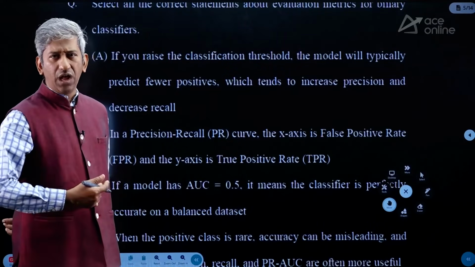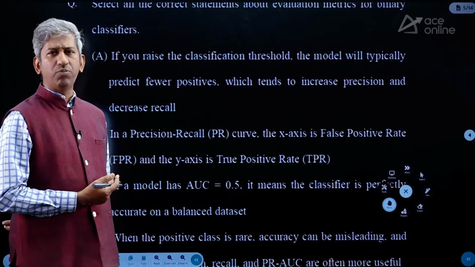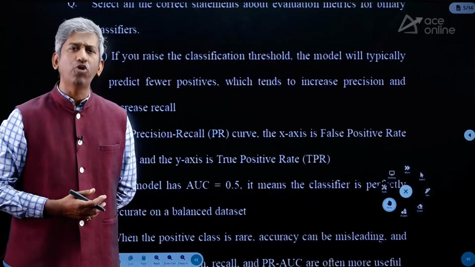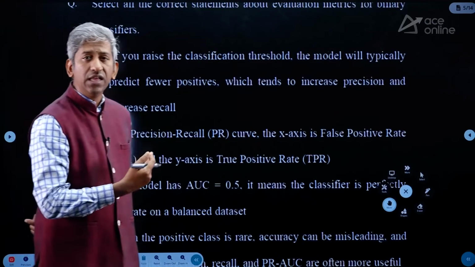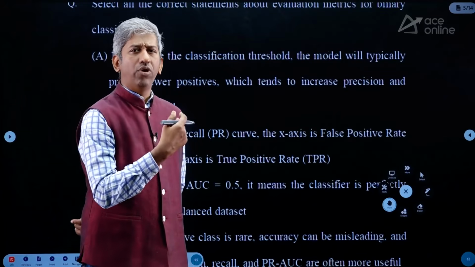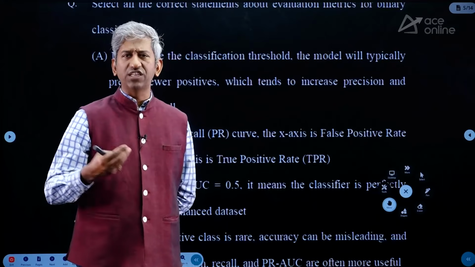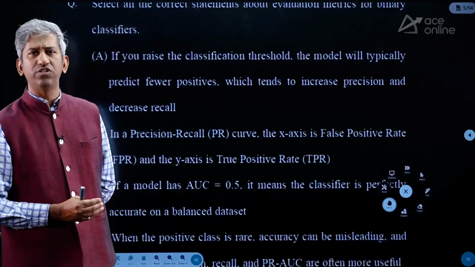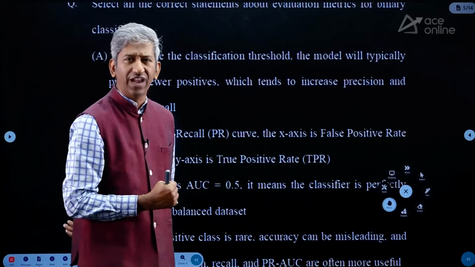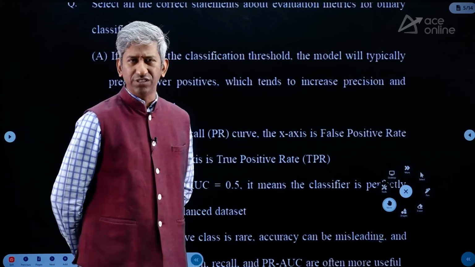Let us say the default value is 0.5 and I am increasing it to 0.8. Then the model predicts only the data examples whose corresponding sigmoid function output sigma of z is greater than 0.8 will be predicted as positive.